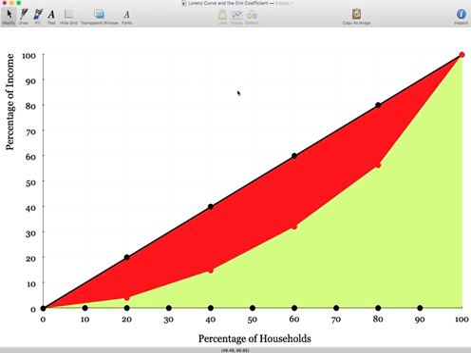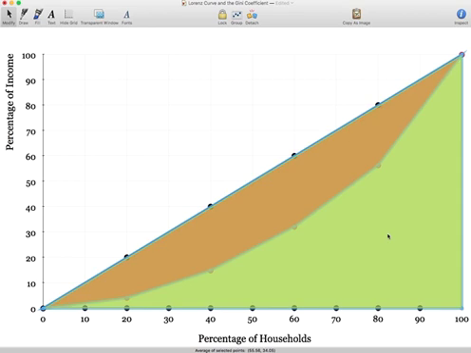So that is what the Lorenz curve would look like for 1967. And if we were to take the area of this and divide by that area right there, that would give us our Gini coefficient. So make sure you're comfortable both with the Lorenz curve, what it measures, and the Gini coefficient.